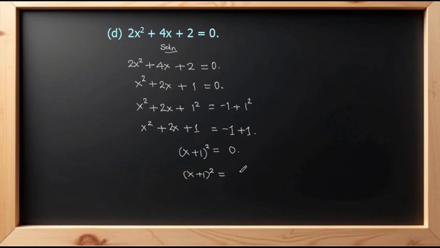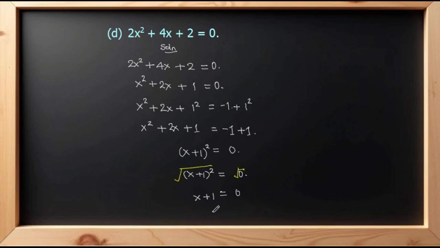squared should equal positive or negative 0, but anyway 0 doesn't have those two, positive or negative, so we're just going to get the square root of 0. So from here the right hand side will vanish to 0 and the left hand side is x plus 1.